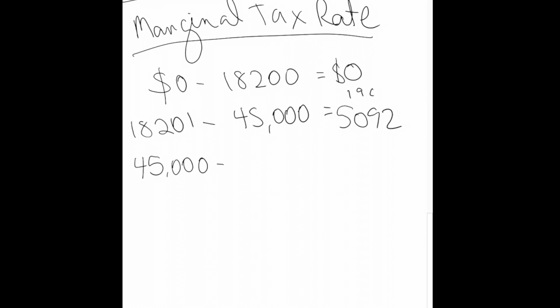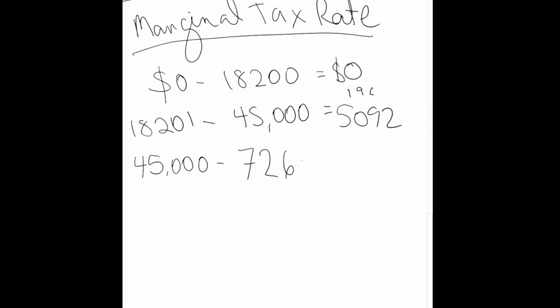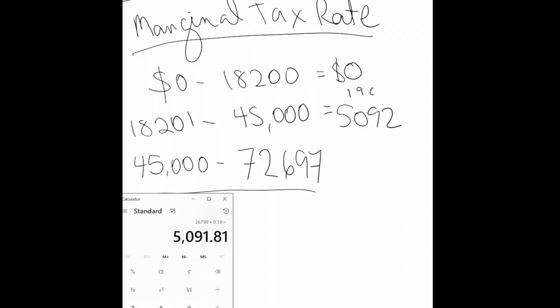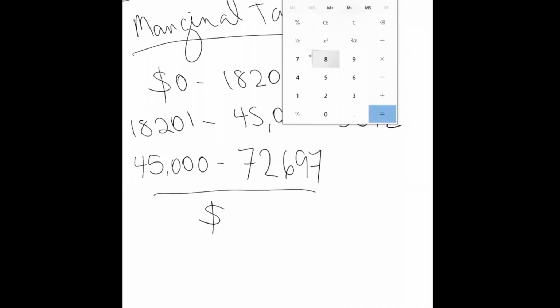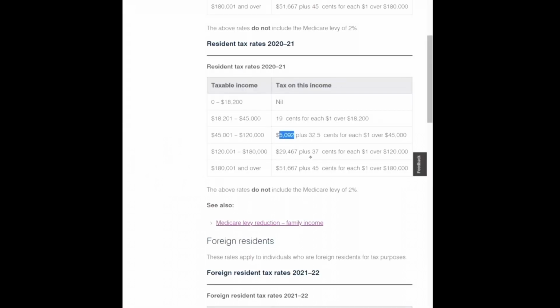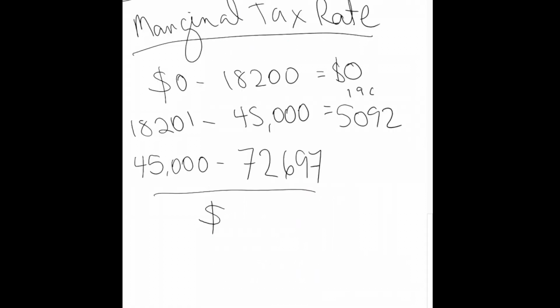So the next amount that we need to work out is between the $45,000 and the income that the client's earning. So this income is $72,697. We work out the difference of that, and we work out what that tax bracket is. So 72,697 minus the 45,000 equals 27,696, and we times that by the marginal tax rate, which we see here is 32.5 cents.